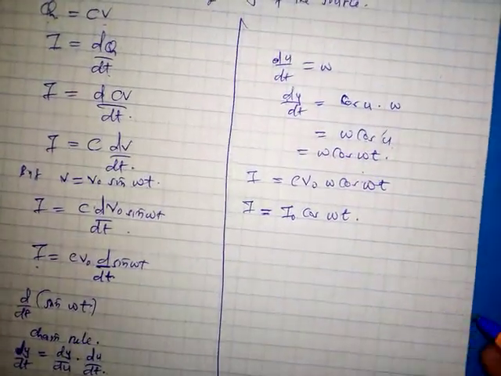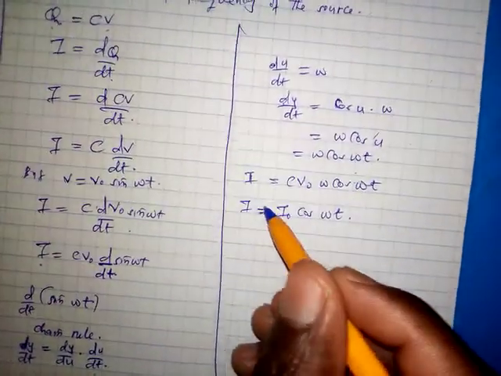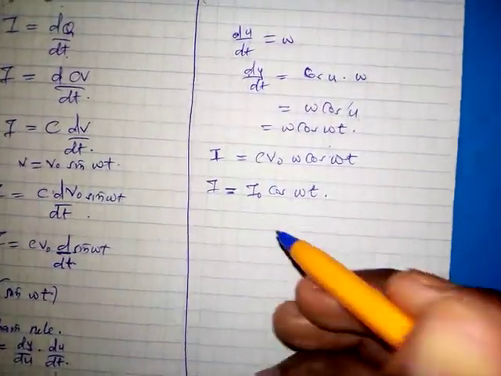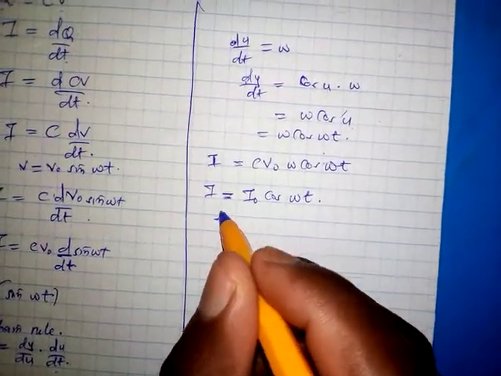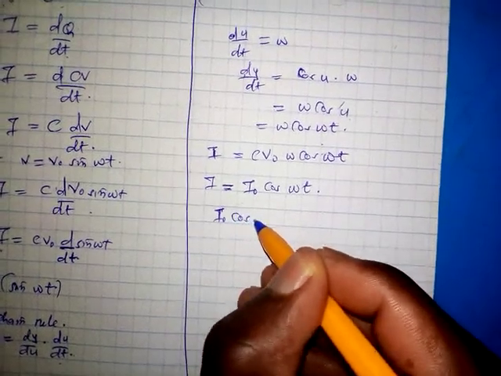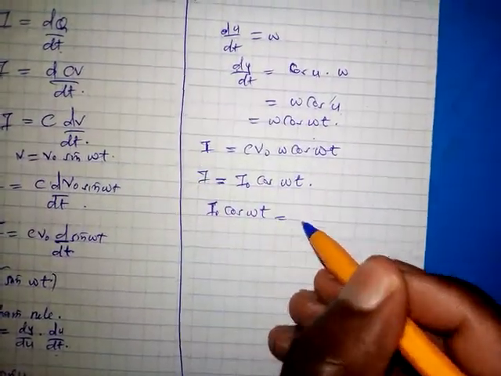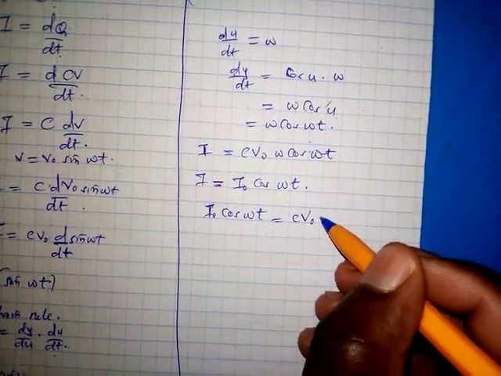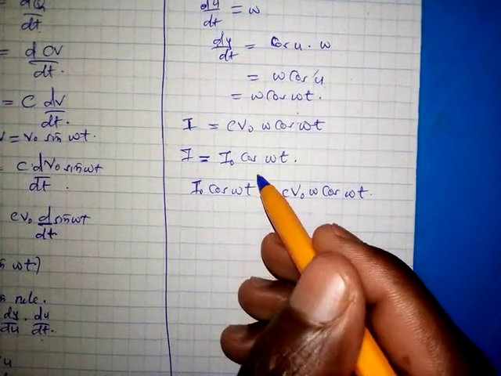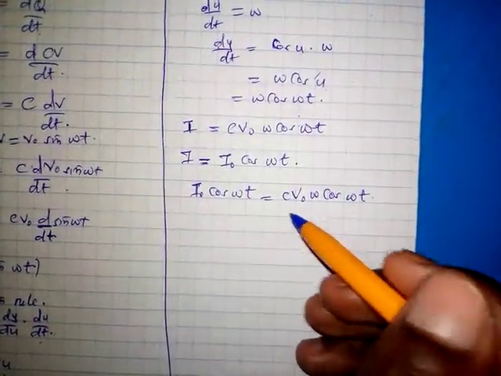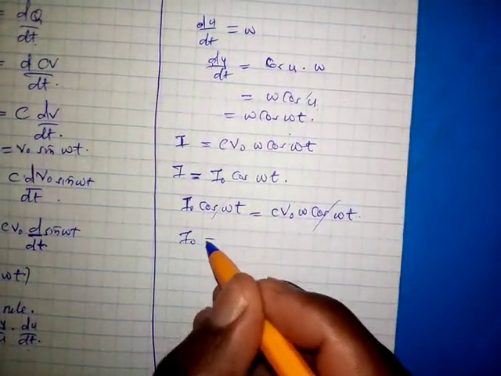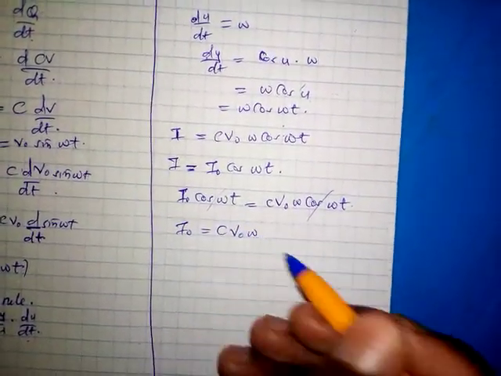So we can confidently substitute I with I naught cos omega t. I naught cos omega t will be equal to CV naught omega cos omega t. This cos omega t cancels out. Then we remain with I naught equal to CV naught omega.